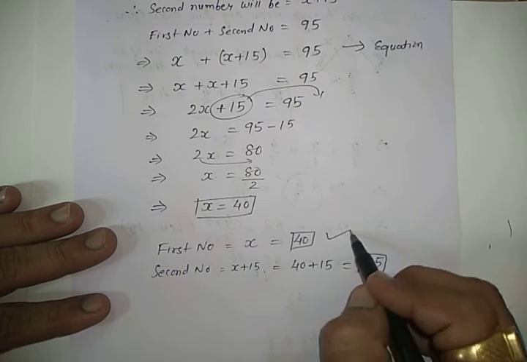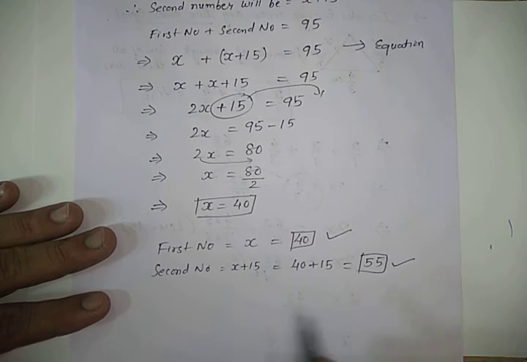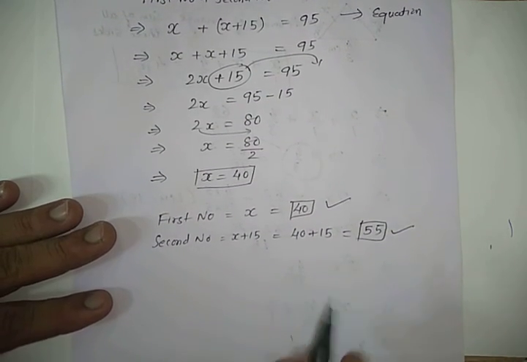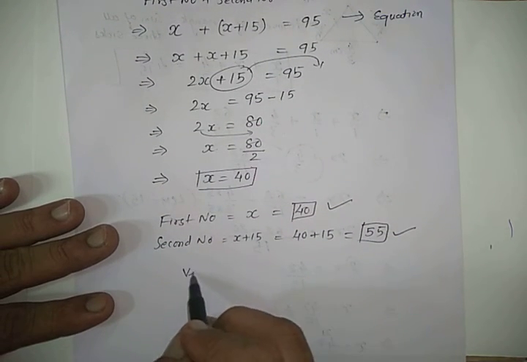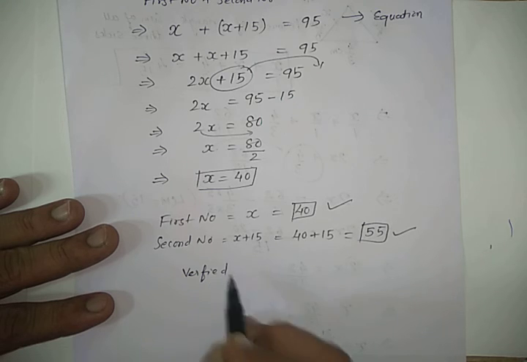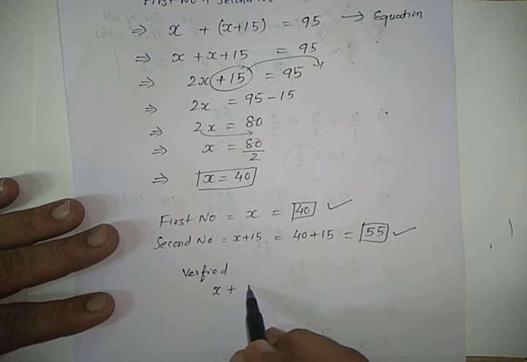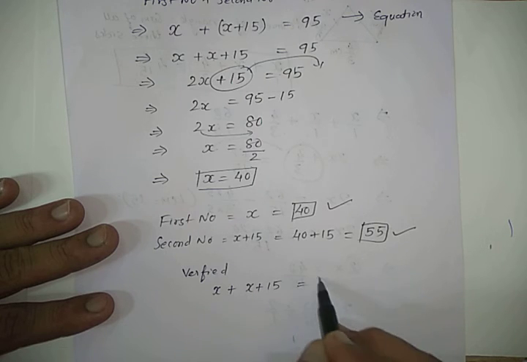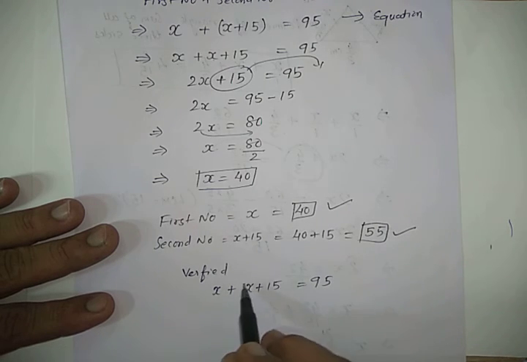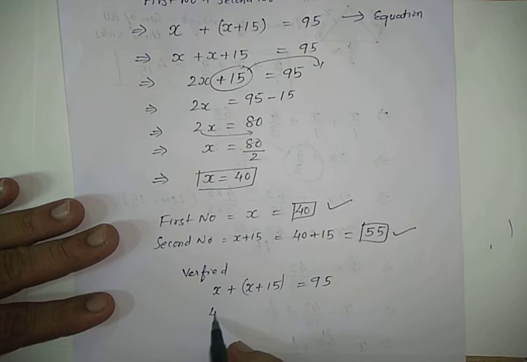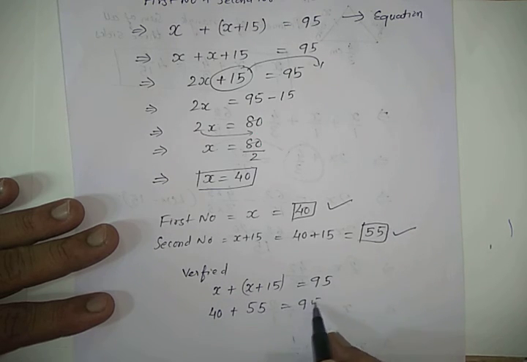So these were the two numbers, and if we want to verify, we can check whether these are the two numbers by placing the values. Okay, so x plus x plus 15 is equal to 95. So now the first number is 40, the second number is 55, and the total is 95.